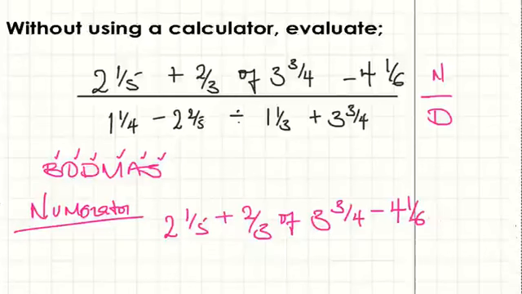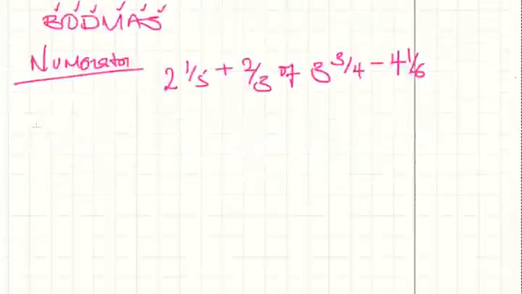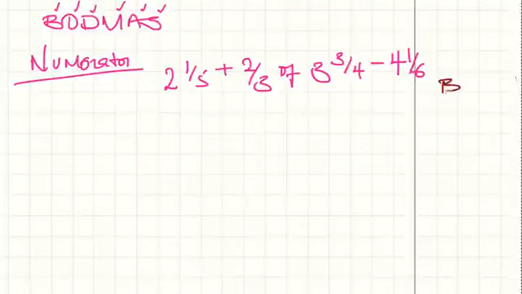So taking BODMAS, let me just write BODMAS aside here. We don't have bracket, we have of.